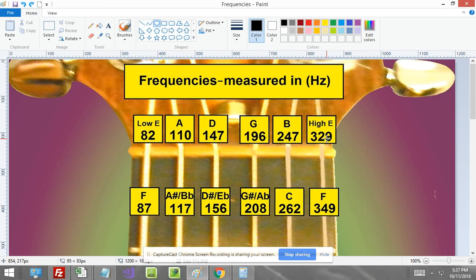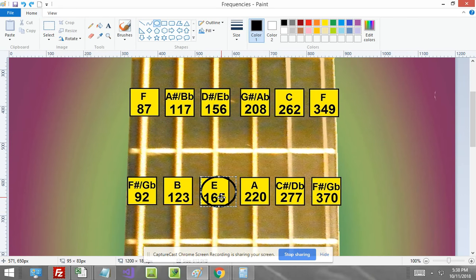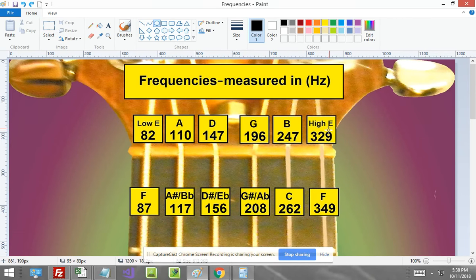Look at that. One frequency away from an exact duplicate. Isn't that amazing? So 82 times 2 is 165, and 165 times 2 is 329. It sounds like this. 82, 164, 329. It's mathematics.